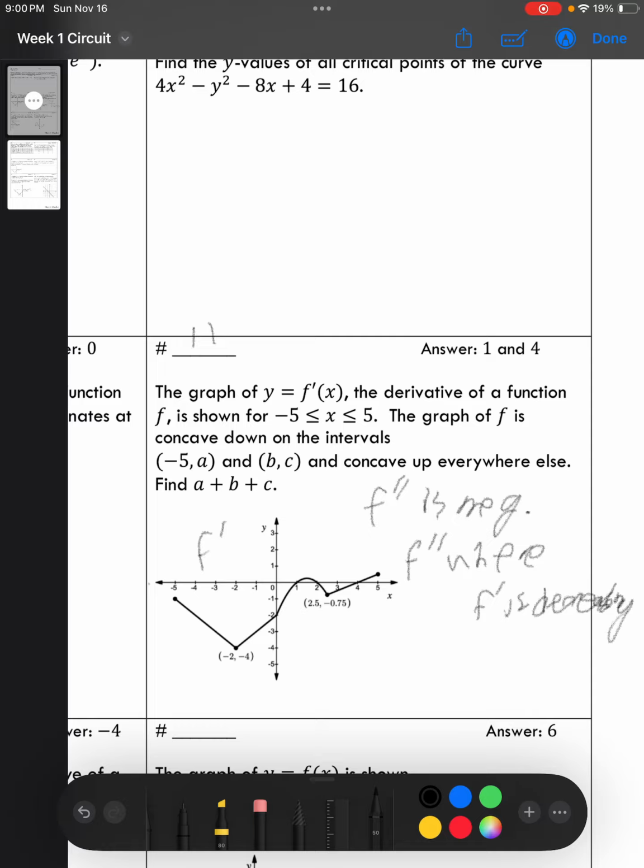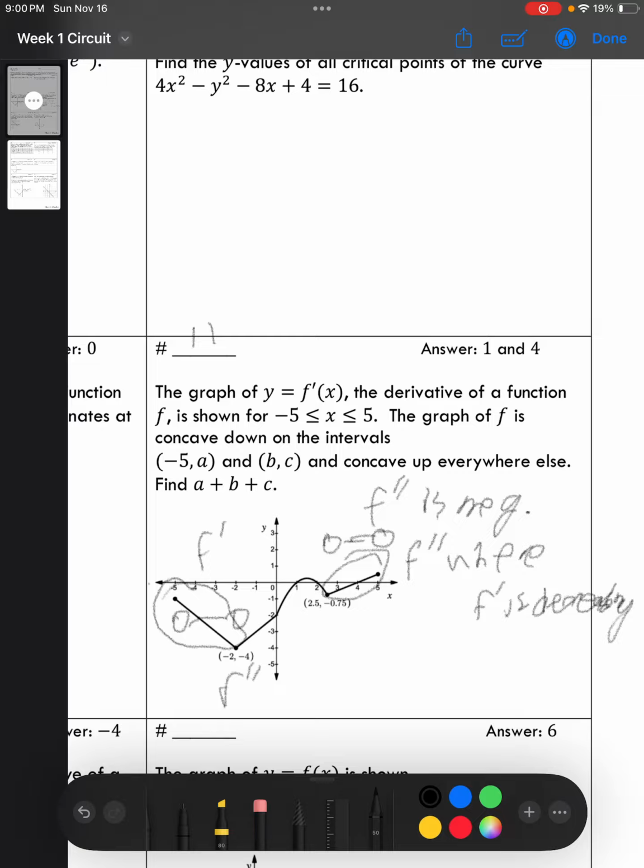This is because f double prime is basically the graph of the slopes of f prime. Here you can see if f prime is decreasing, that means the slope, that means that f double prime here would be negative, right? And here, if it's increasing, that means the slope is positive.